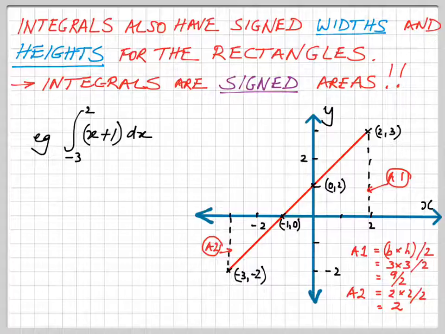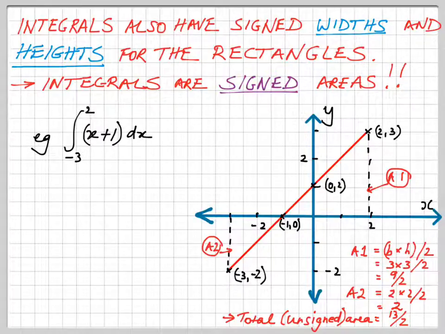All right, now let's add those up. We get the total unsigned area. Unsigned would be A1, 9 over 2, plus A2, 2, which gets me 6.5, and that's 13 over 2, right? Put a box around that.